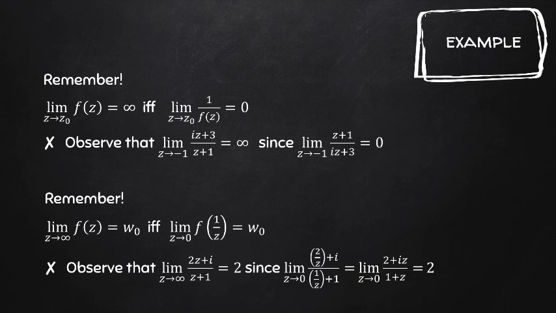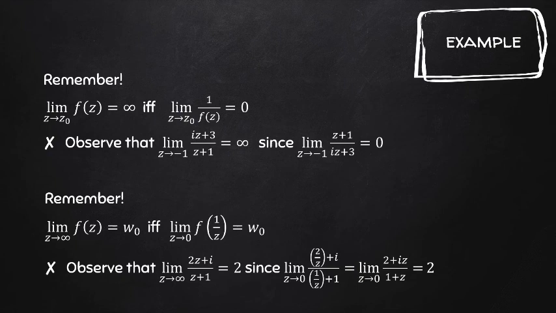So here, we can change the function (iz+3)/(z+1) to (z+1)/(iz+3). So the limit as z tends to minus 1 of (z+1)/(iz+3) equals 0.